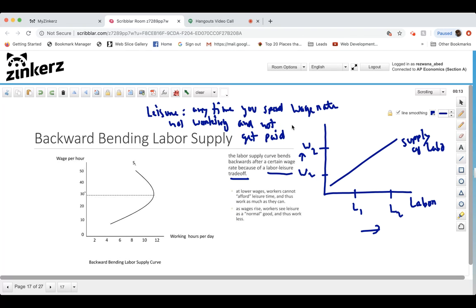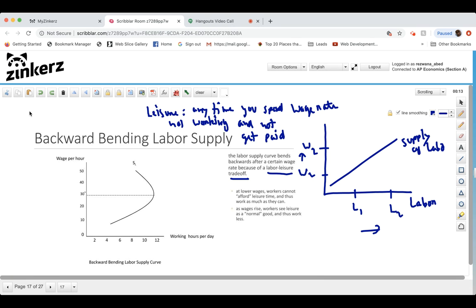If you spend 1 hour per day in leisure, there is an opportunity cost: you're basically giving up working for 1 hour.